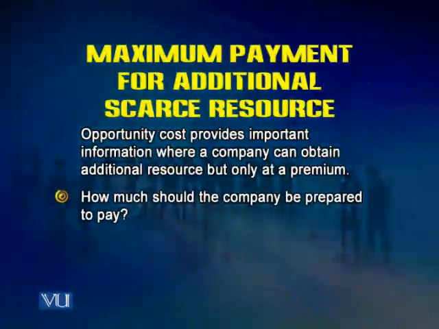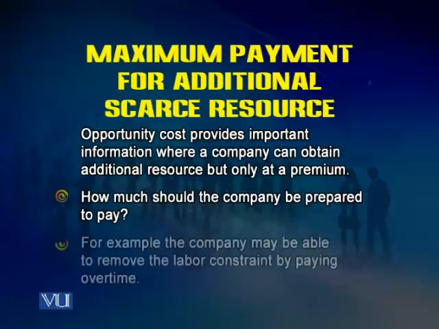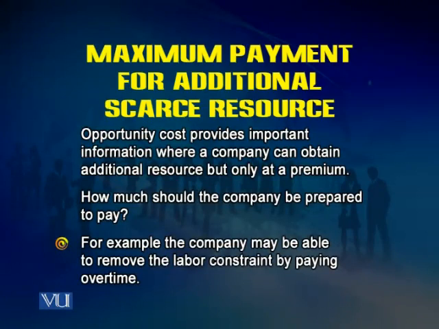How much should the company be prepared to pay? For example, the company may be able to remove the labor constraint by paying overtime. So this is what we are examining, that in removing the constraints and adding to the resources, the company has to pay an extra amount, and we have to arrive at how much should the company pay.